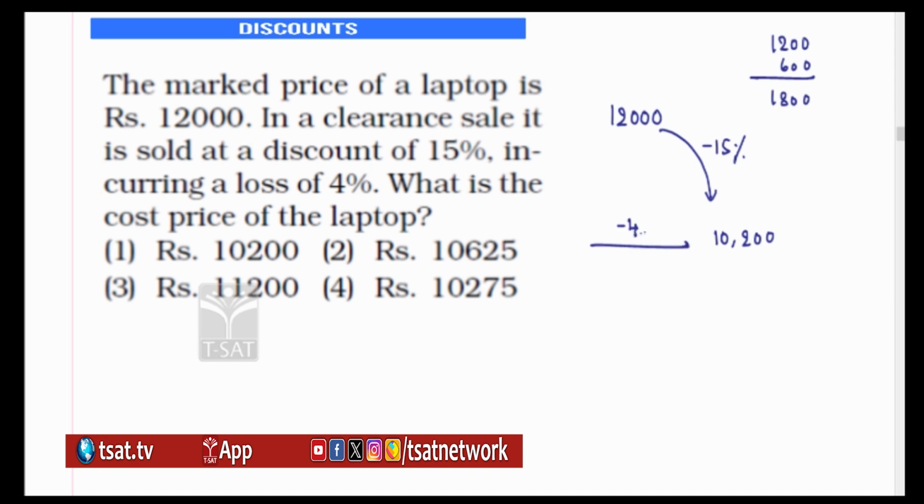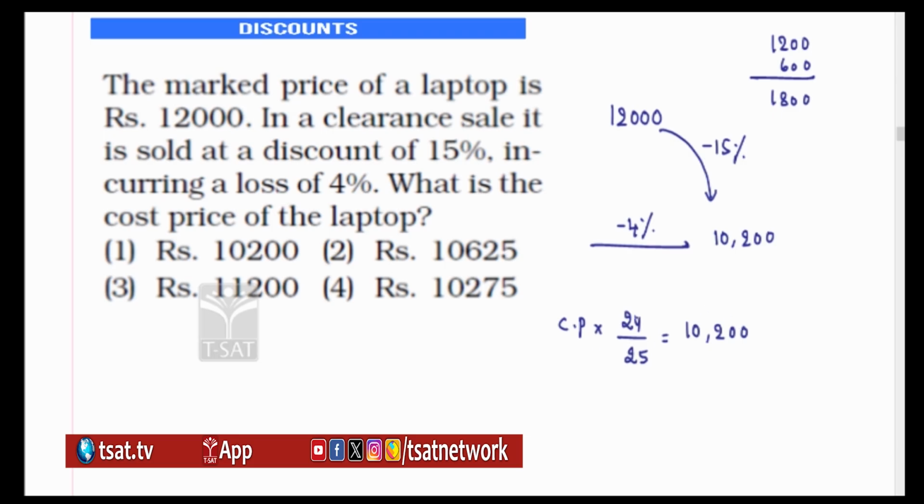Still you are making a loss of 4%, which means your CP into 96 by 100, or else you can say 24 by 25, is equal to 10,200.